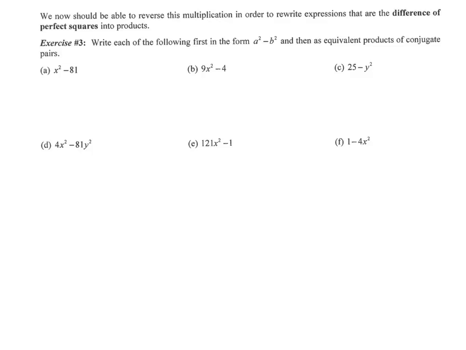I see that the x squared and the 81 are both perfect squares. So the square root of x squared is x. The square root of 81 is 9. So I know that I'm going to have an x and a 9. One is plus, one is minus. 3x and 2.